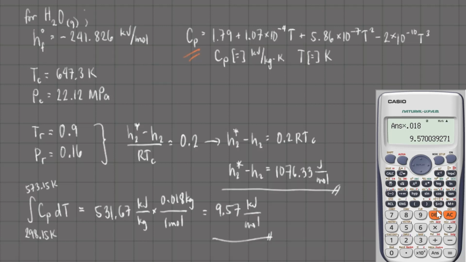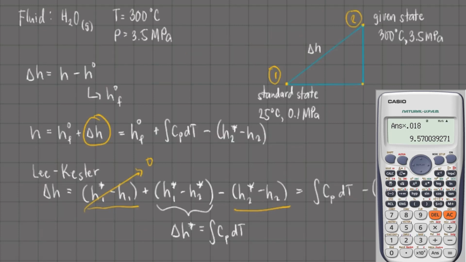We now have completed the required terms in order for us to determine the absolute enthalpy of our given state. If we go back, you see here that our absolute specific enthalpy at 300 degrees Celsius and 3.5 megapascals is equal to the standard enthalpy of formation of water plus the integral of Cp dT minus the enthalpy departure term. Let us combine all of those terms and solve for the enthalpy.